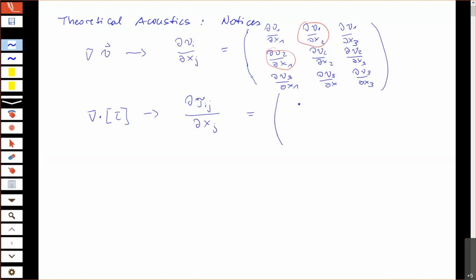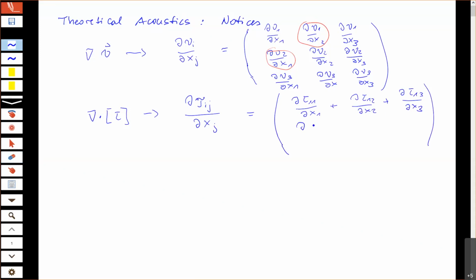So this is d tau_11/dx1 plus d tau_12/dx2 plus the third component, tau_13, of the viscosity tensor with respect to the third coordinate. And that's the first component of our tensor of first order, the classical vector. And in this way we go on.